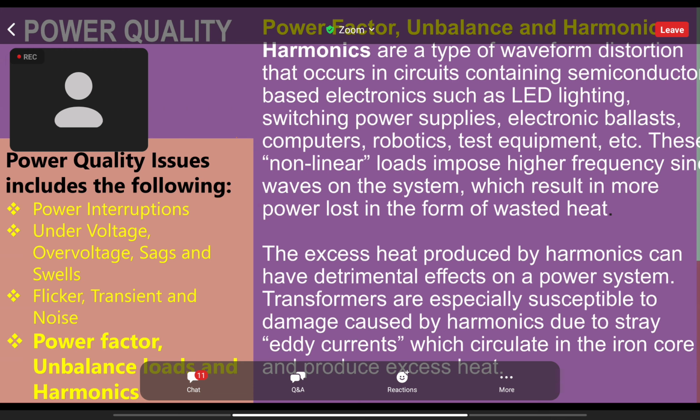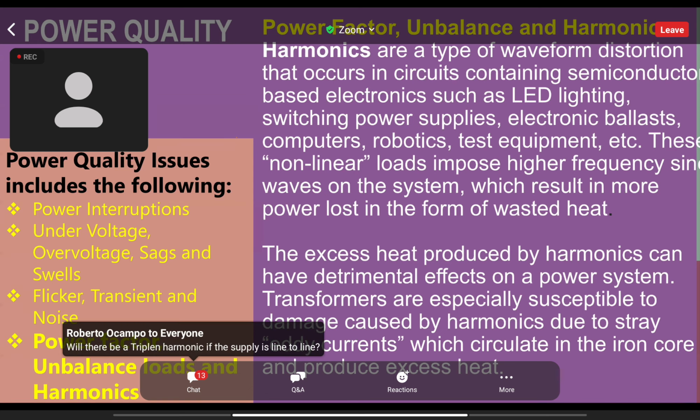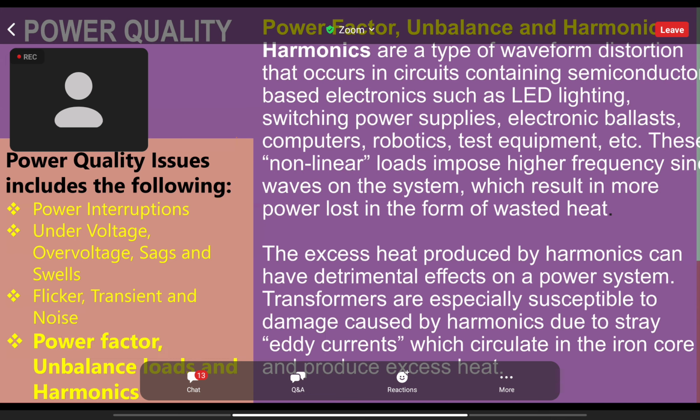So for transformers, especially those not designed for K-factor operation, not designed for additional heat capacity and heat dissipation, if not carried, it will result in overloading. Because our transformer will become derated because of the presence of harmonics.